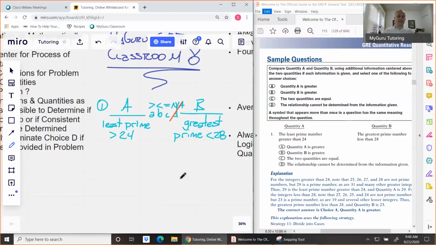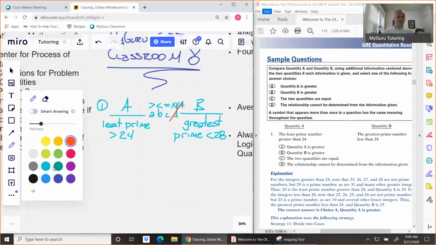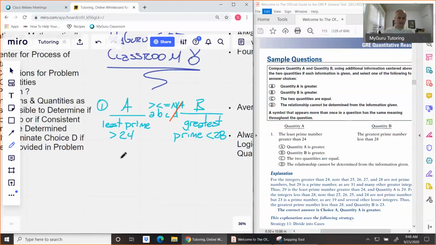Now, then we want to just consider this least prime number greater than 24. So what makes a prime number prime? That's right. It's going to be a number that is divisible by only one and itself.